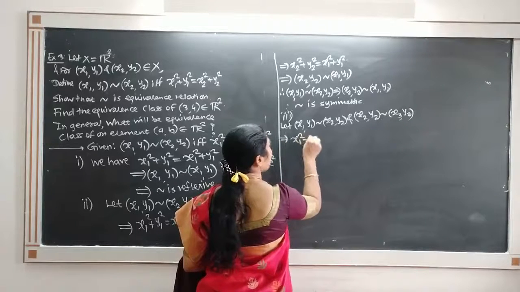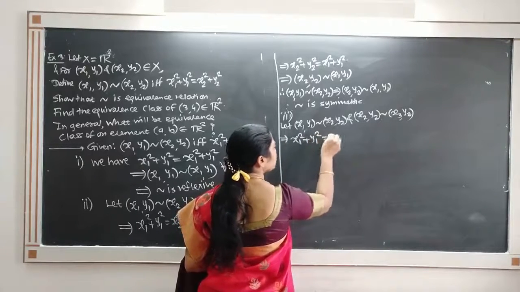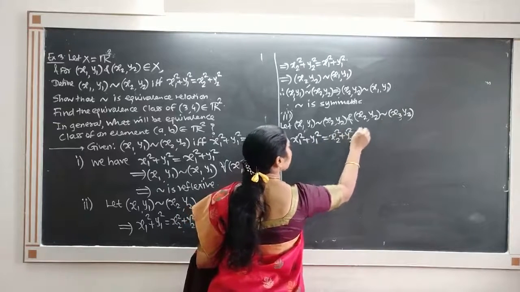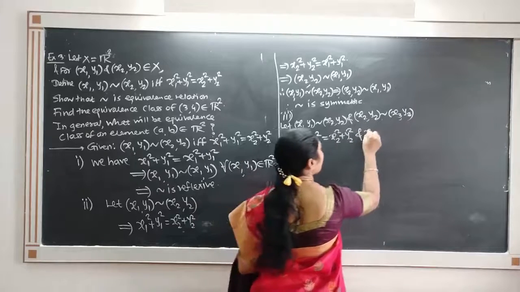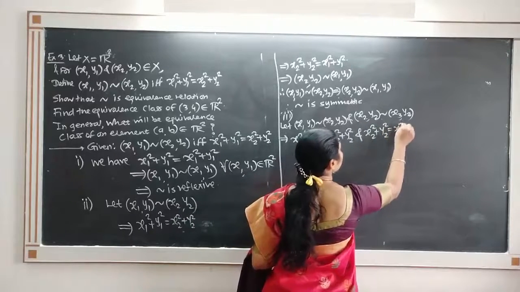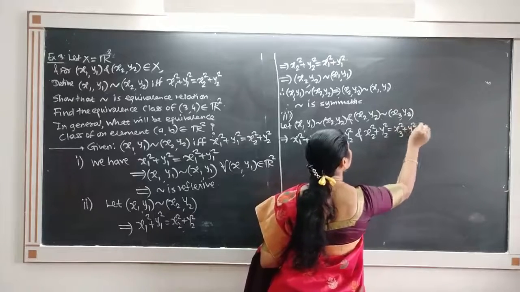This implies that x1 square plus y1 square is equal to x2 square plus y2 square, and (x2, y2) related with (x3, y3) implies that x2 square plus y2 square is equal to x3 square plus y3 square.